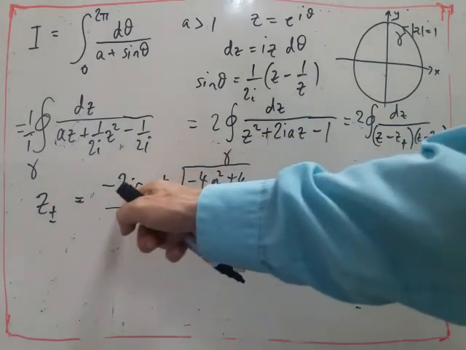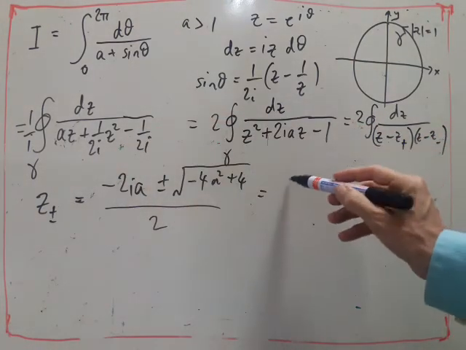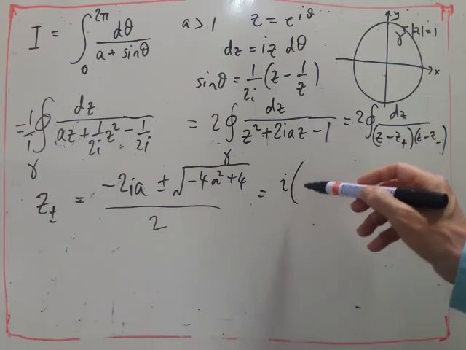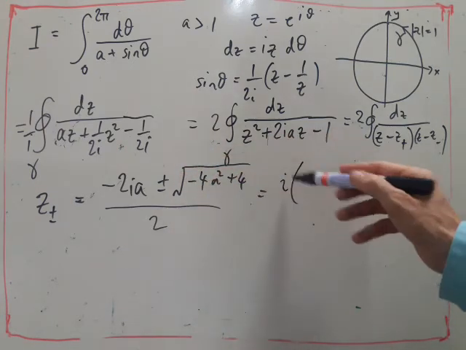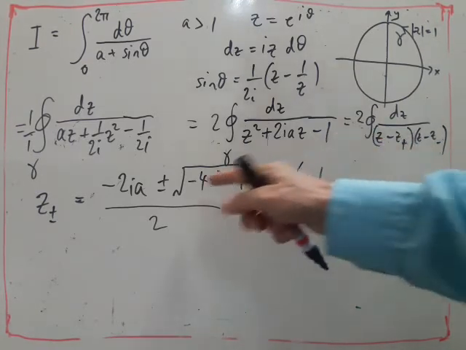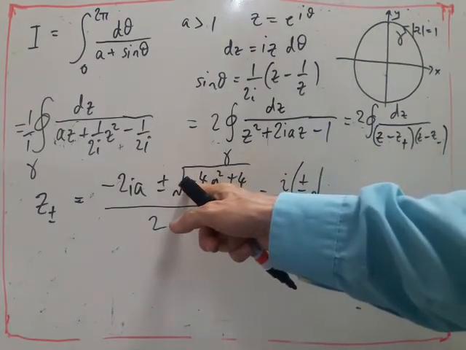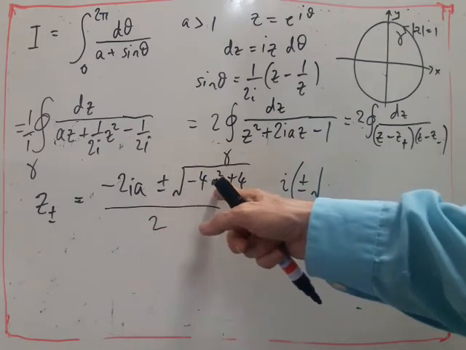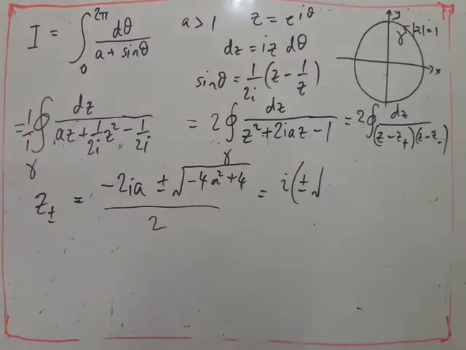So that is, I'll take out a factor of i and then write it as the root thing first. So it's i times minus a plus or minus, and I'm taking out a factor of i, so I'm taking out that factor of minus. That leaves me with root a squared minus 1.